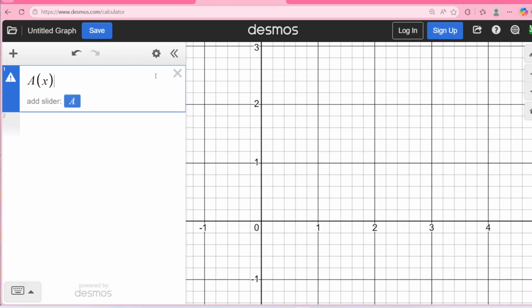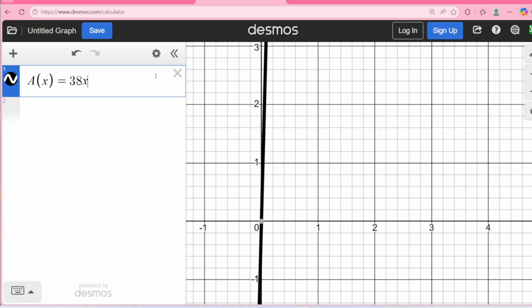All right, I'm going to use x instead of y. 38, yeah, because it should be when x is 1, the input 1, the output 38. Maybe even use a different letter just so you don't confuse it with x. Maybe t, 38t. Right, still, when the input's 1, the output. When I used y there, it gave me like the inverse or something. That's not good. So I'm using t instead of y.